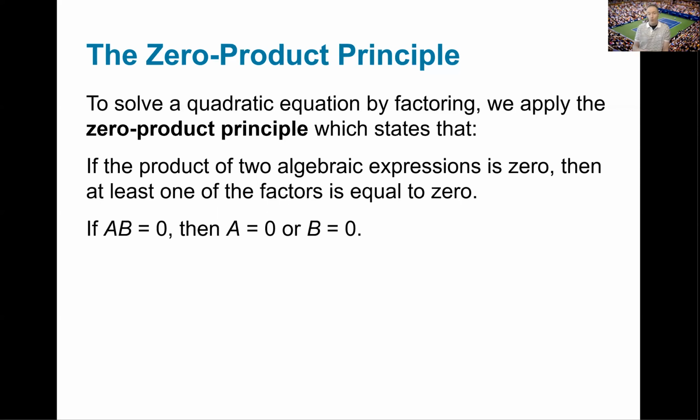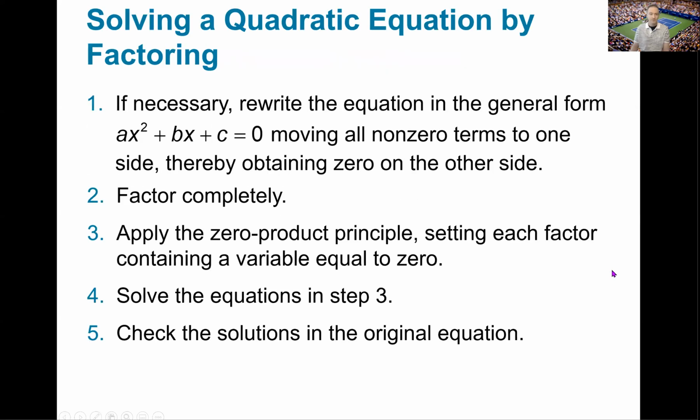So I can say, well, what if a is 7? Well, as long as b is 0, 7 times 0 is still 0. So either one of them could be 0, or it could be both. So this is the inclusive or. The first one could be 0, or the second one could be 0, or yeah, they both could be 0, since 0 times 0 is also 0.